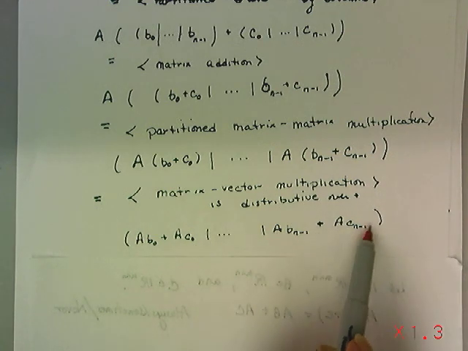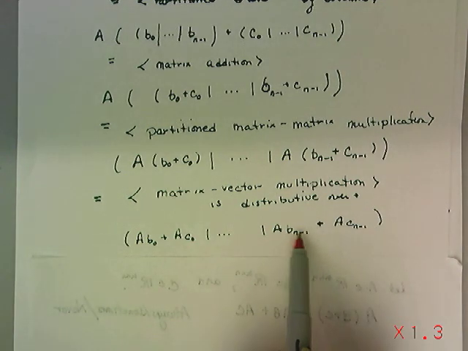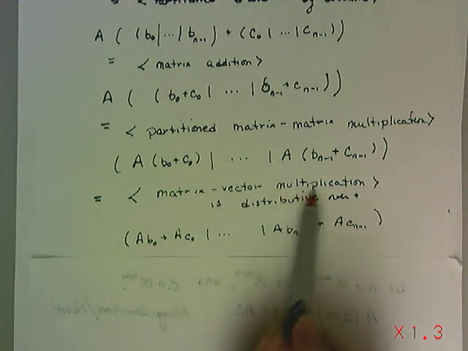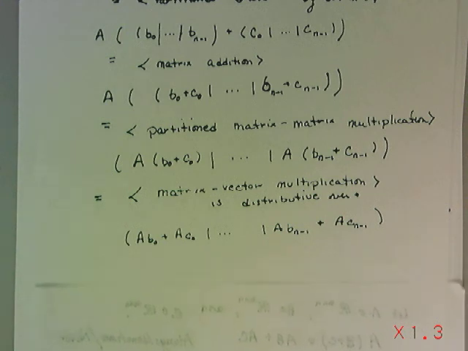For all of the vectors we can distribute A times the corresponding vector in B plus A times the corresponding vector in C because of matrix vector multiplication being distributive.